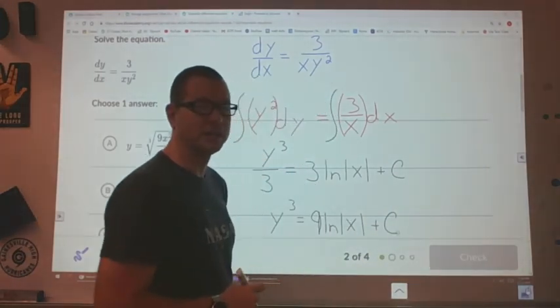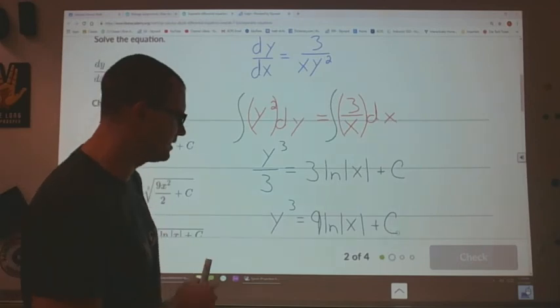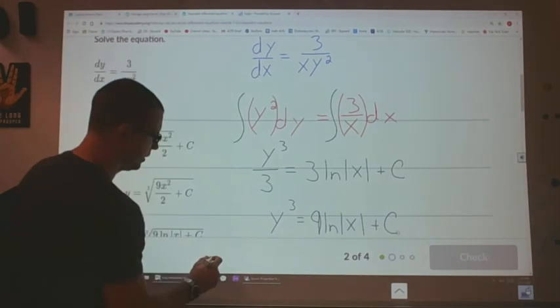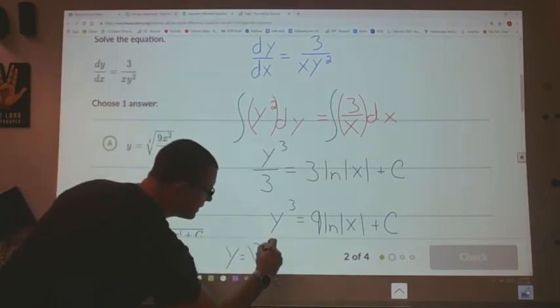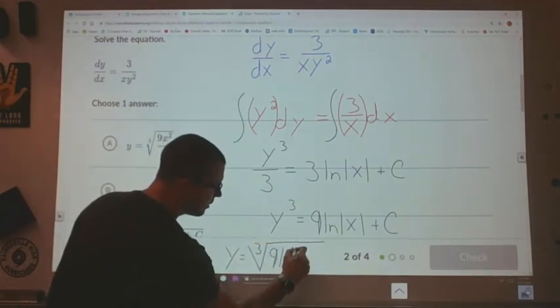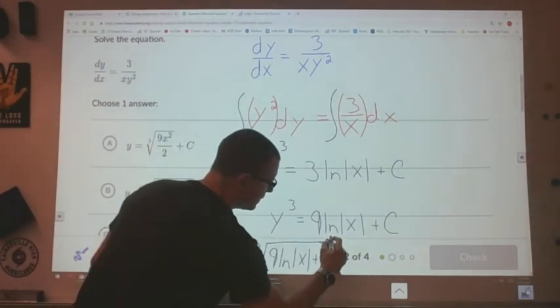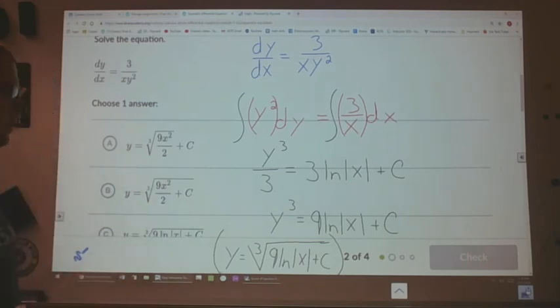Its value changes, but we don't know what its value is, so it's still going to be represented by plus c. And then we take that cube root. So y is equal to the cube root of the entire side. So 9 times the natural log of the absolute value of x plus c. That's what we're looking for in our answer choices.